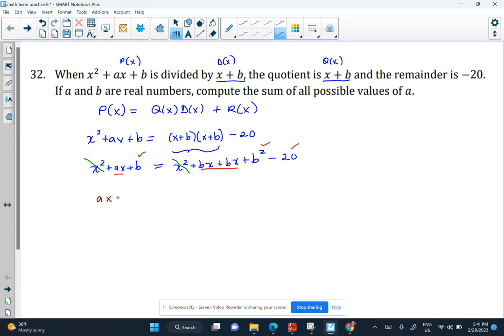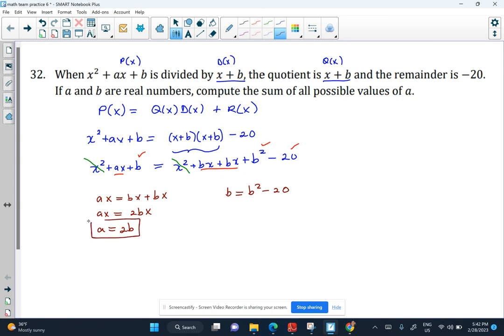I know that ax is equal to bx plus bx, and I know that b is equal to b squared minus 20. I combine like terms on the right-hand side and get 2bx is equal to ax. As far as the coefficients are concerned, a has to equal twice b's value.